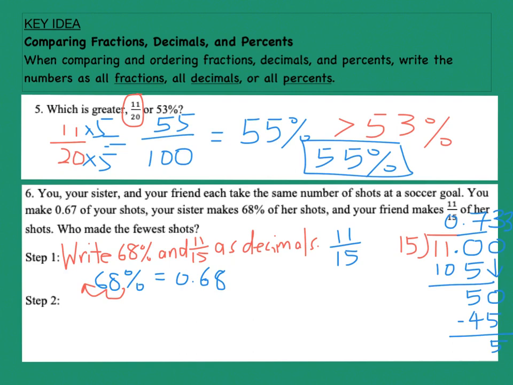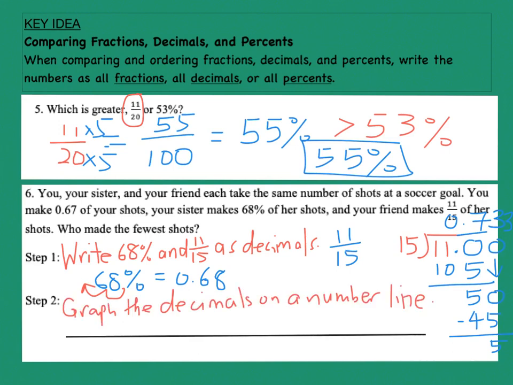We will now go to step 2, which is to graph the decimals on a number line. First, draw a horizontal line and make even markings on the horizontal line for our number line.